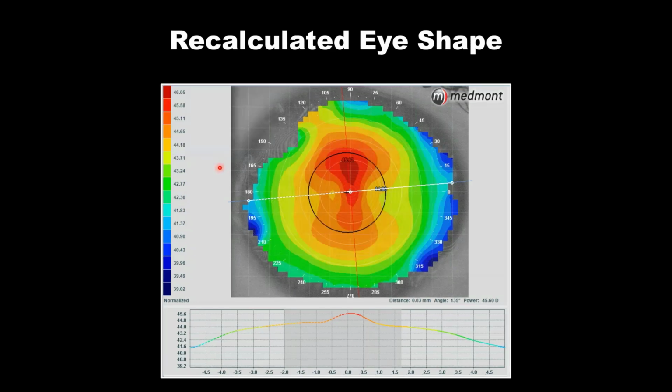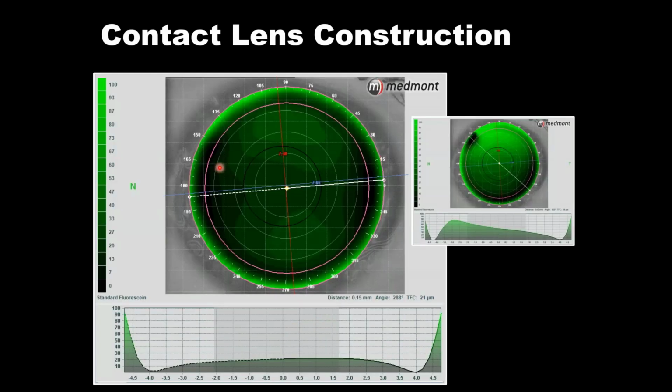So then we have an analysis without that poor data, and we can build our contact lens using the contact lens software. Notice that once you've used the topography without that false high spot, we get the appearance of a rigid contact lens that we expect.